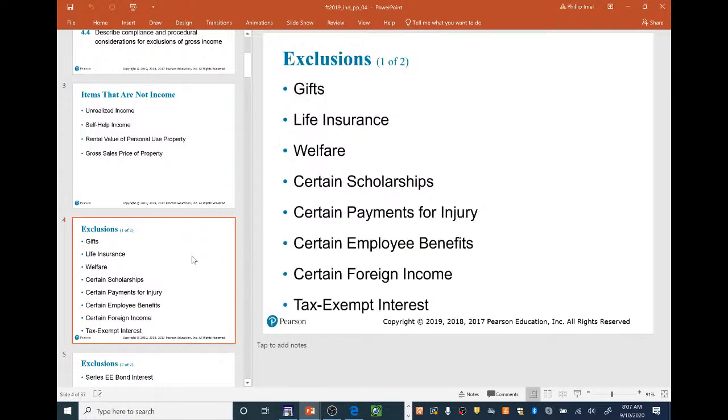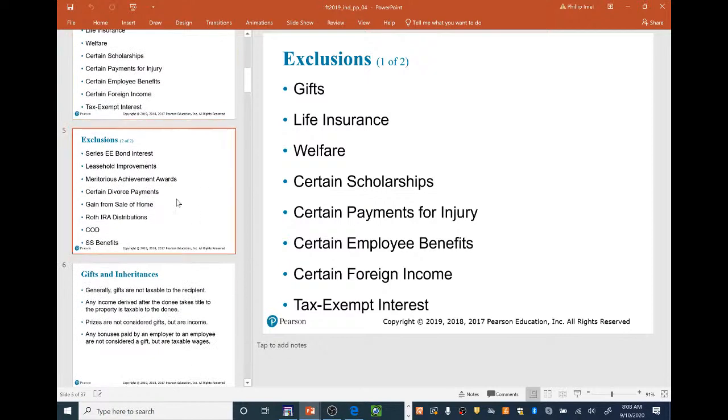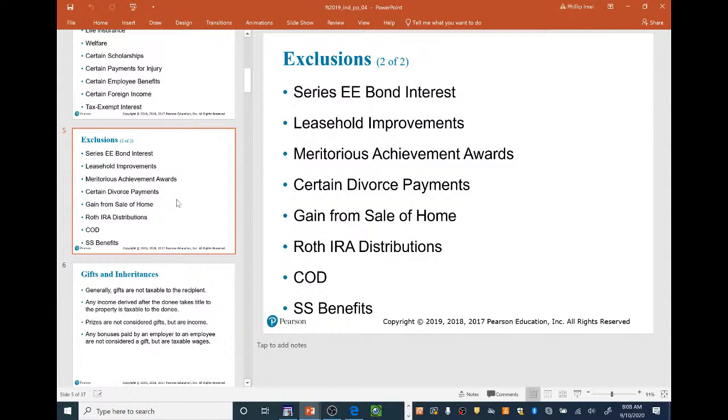Okay, let's look at some of the major statutory exclusions here. You can see here the list. We have gifts, life insurance, welfare, certain scholarships, certain payments for injury, certain employee benefits, certain foreign income, tax-exempt interest. Here's some Series EE bond interest. We talked about that in the last chapter.